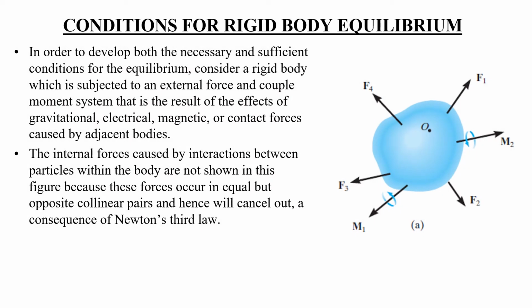In order to understand what rigid body equilibrium is, we can consider any random shape, this sort of object O, for example, which is experiencing, you can see, 4 different forces and 2 different moments.